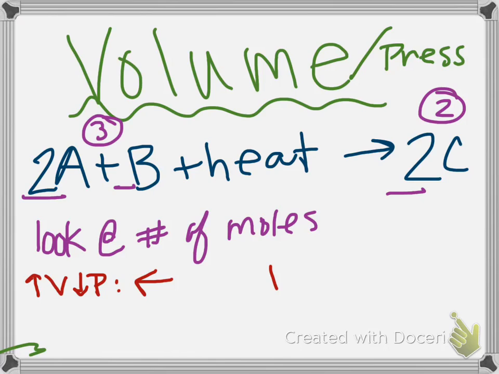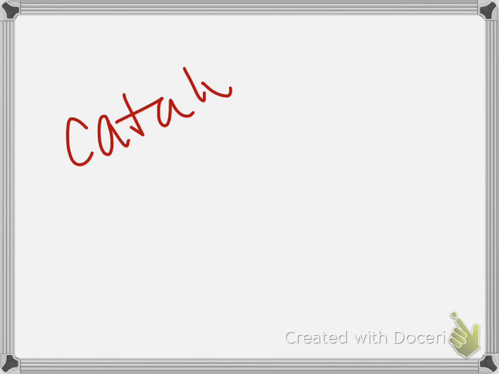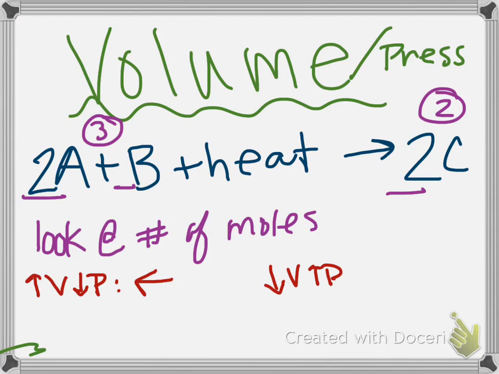If I look at the opposite, so if I decrease the volume, that's a natural increase in pressure, which means that I need to move to the side that's going to decrease that pressure to counteract the change, which would be moving towards the right.